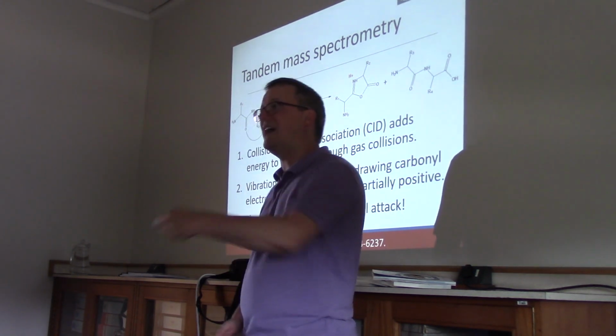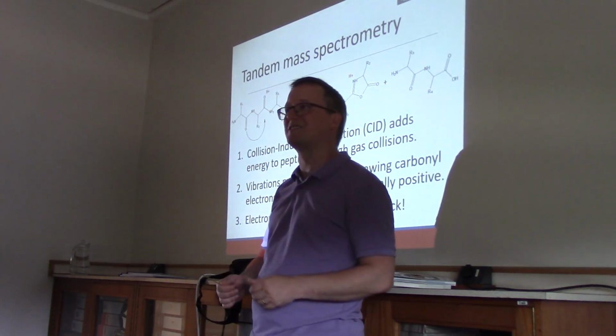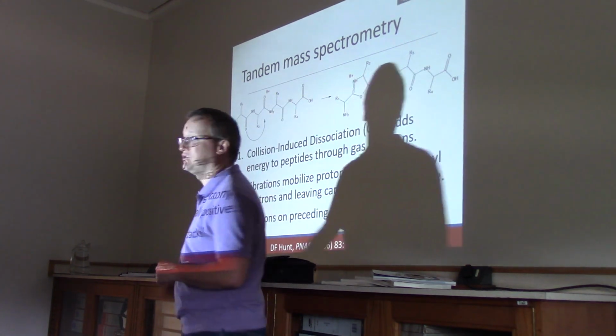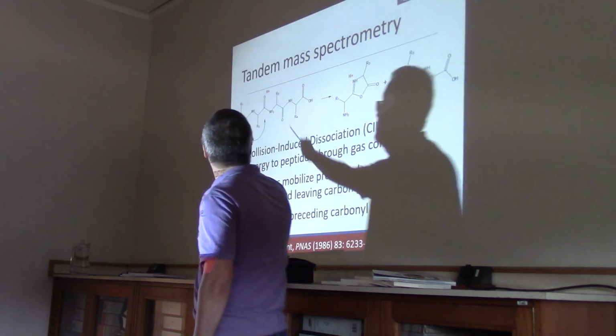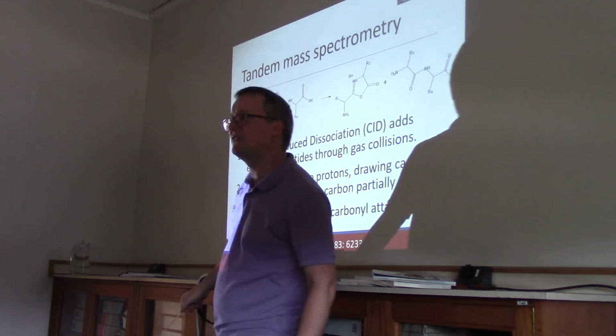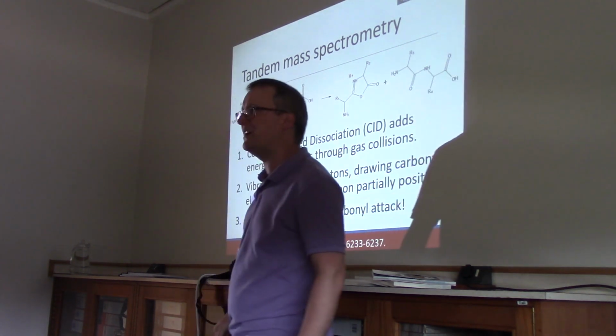But when you start adding energy to a peptide, you start an exploration of the space. And suddenly, that proton may find itself associating with the oxygen on a carbonyl. So weird things happen when you do that. When you park a proton up here, these electrons kind of cheat in the direction of that proton, making this carbon a little bit positive.